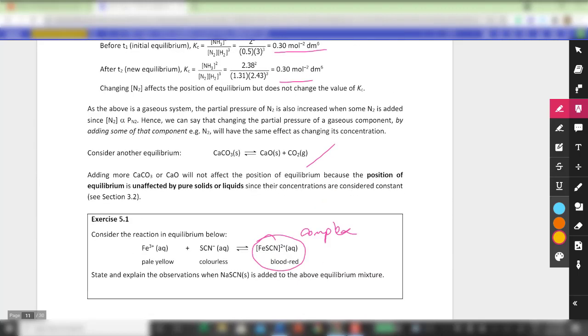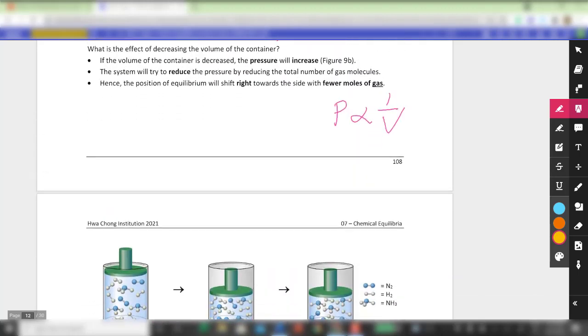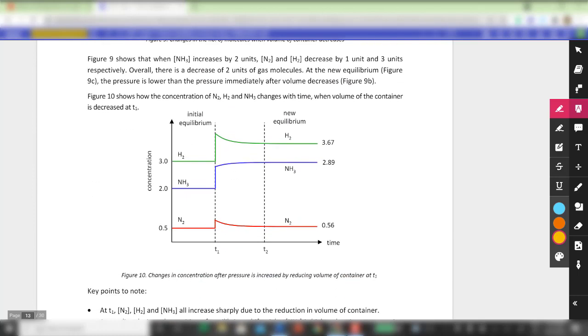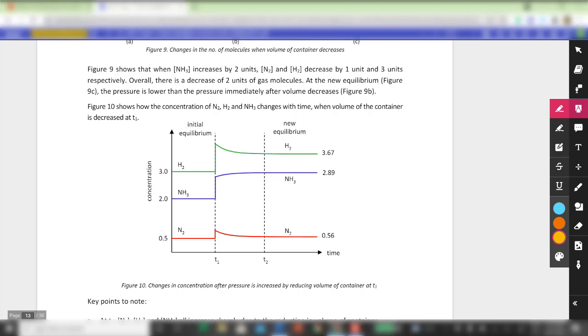But in our case here, when we decrease the volume, the partial pressure, or the concentration, of all the reactants and products will shoot up instantaneously at time t1. Why is that the case? They are all in the same container, so whether they like it or not, the drop in volume will affect all at the same time.